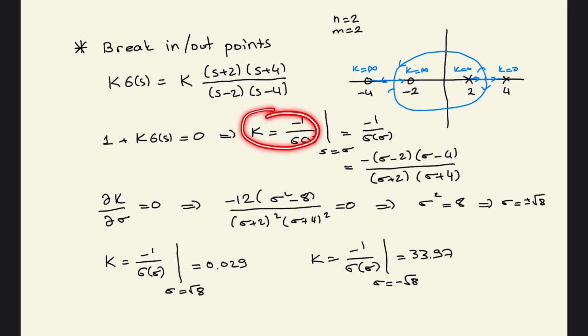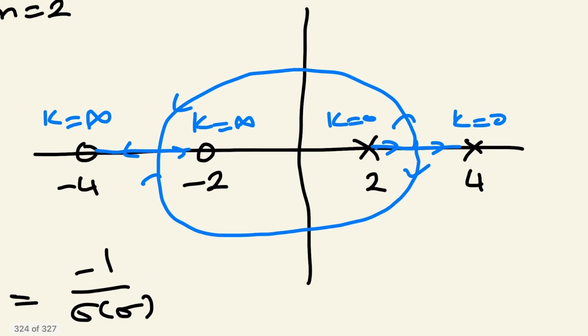So take this gain equation, insert s equals sigma, and you end up having this. Within the context of this example, this. Right? 1 divided by this. Now let's focus on here.